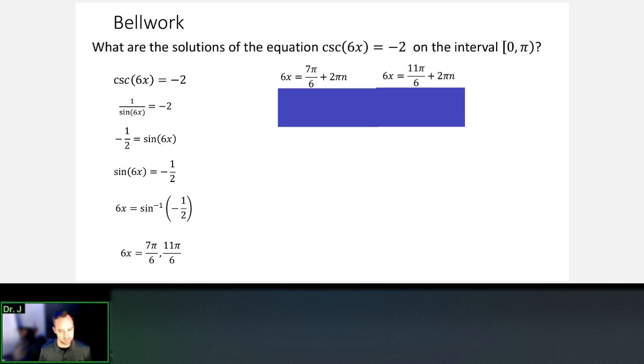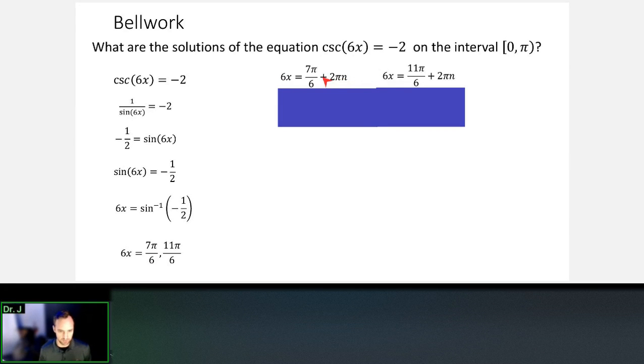It's all coming back to us. So this is the step that a lot of people forget, because a lot of you just want to separate them without having the 2 pi n, but we have to write it for the general equation before messing with the 6.